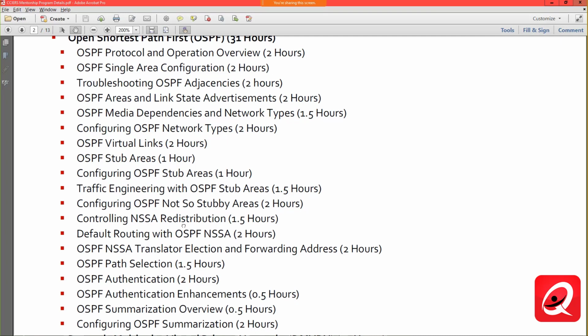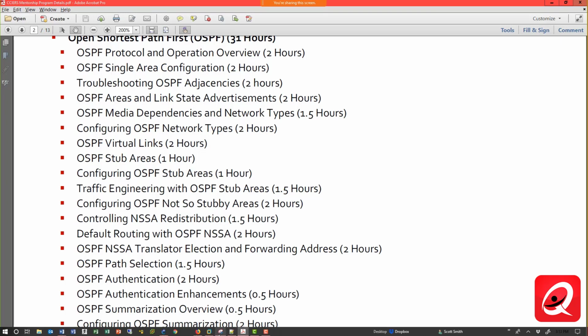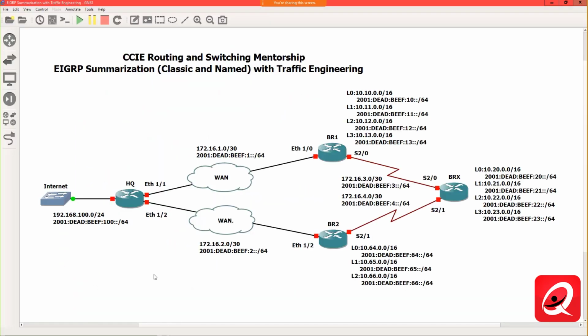All right, so let's go ahead and get started. This is going to be the topology that we're going to be using today. It's similar to the summarization topology that we use for other classes, but I've added a few things here because we're going to be taking a look at this configuration in both named mode and classic mode.